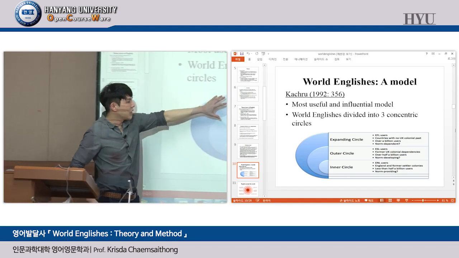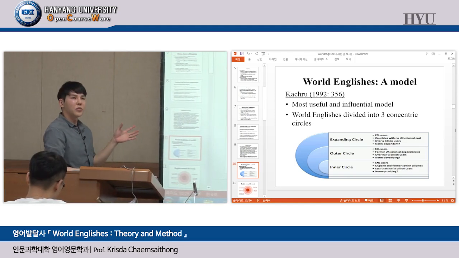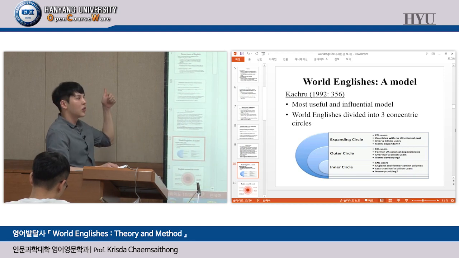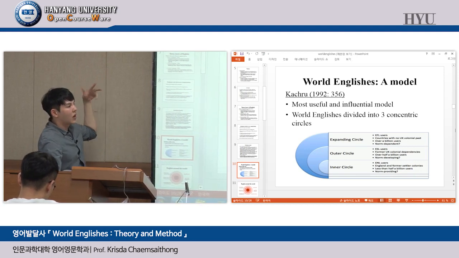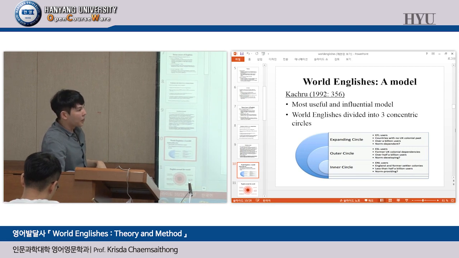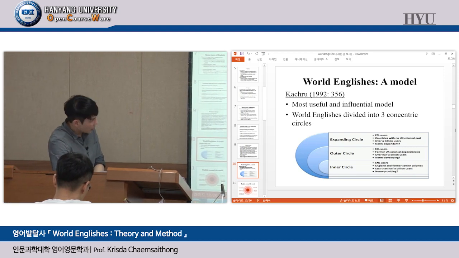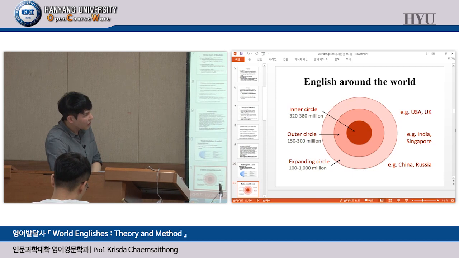So the three terms here include a lot more than just the traditional terms, EFL, ESL, or ENL. It also accounts for the numbers of speakers in many areas.